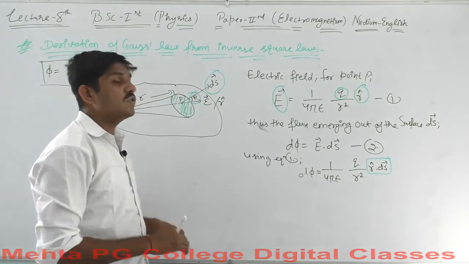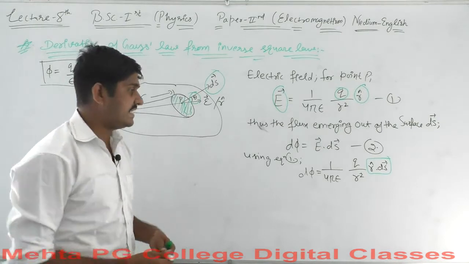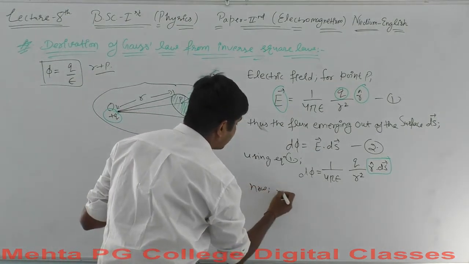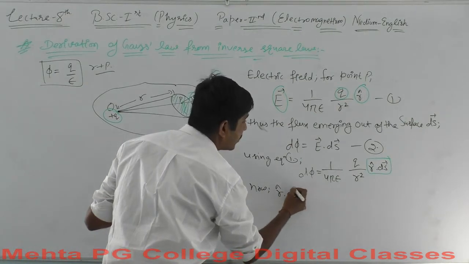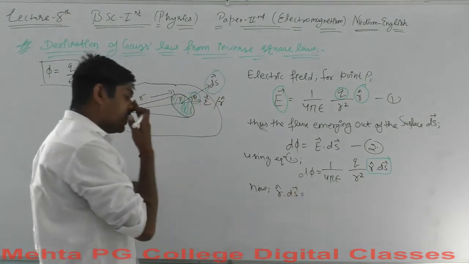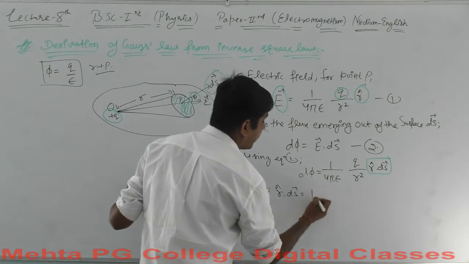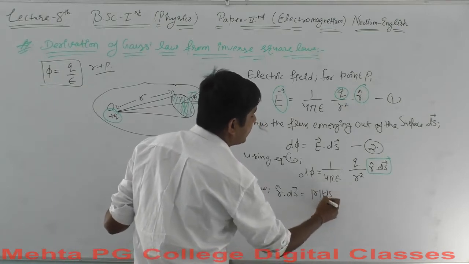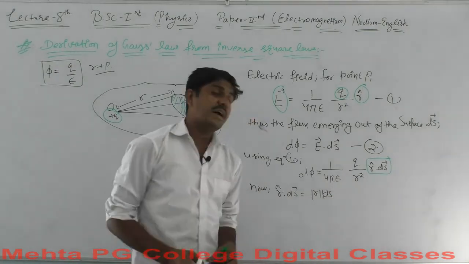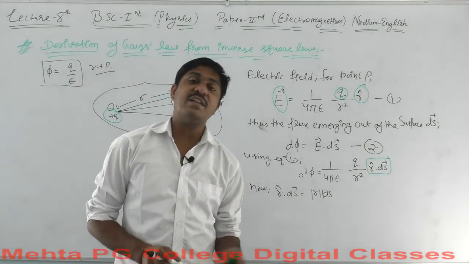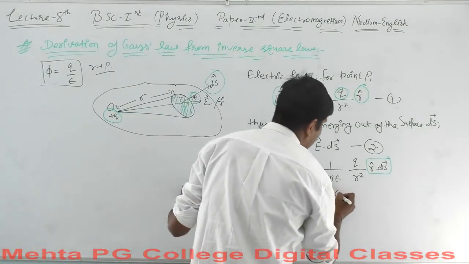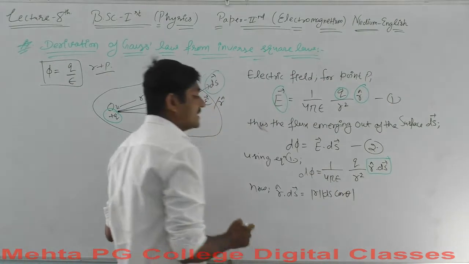So what will be the value of r cap dot ds? r cap dot ds vector will become the magnitude of vector r times ds. Every time when you are talking about a dot product, it will involve cos theta: ds cos of theta.